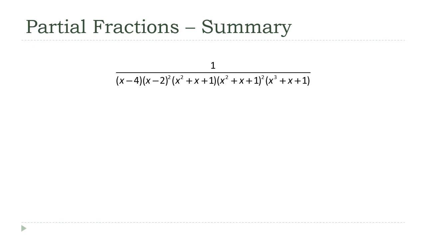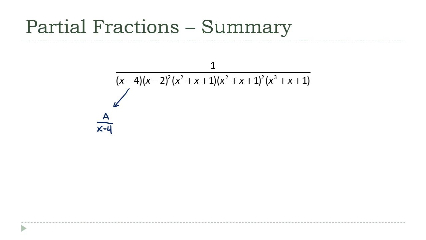So now that we've covered all four of the cases that we're going to be considering here in our calculus class, I wanted to take a step back and just summarize the four different techniques that we've developed. So if you have a linear factor, then that becomes A over that factor, a constant.